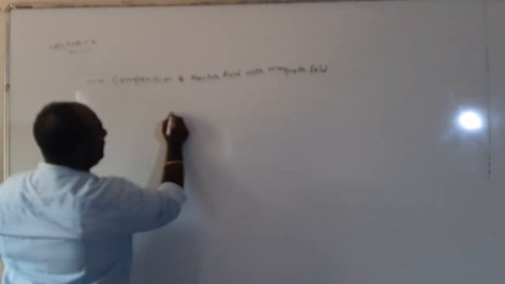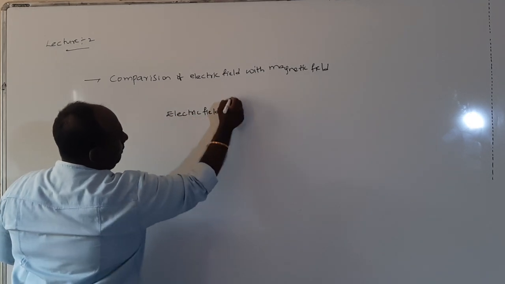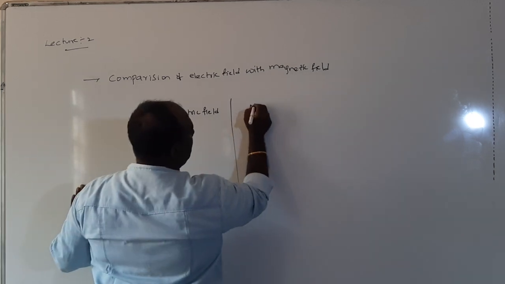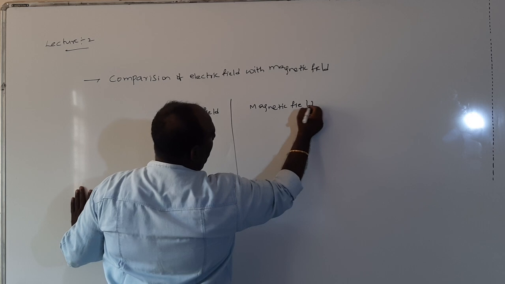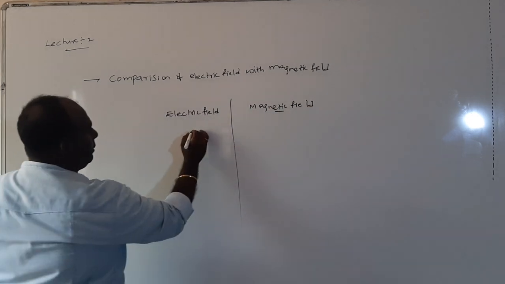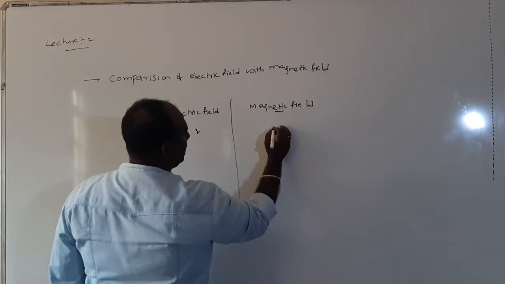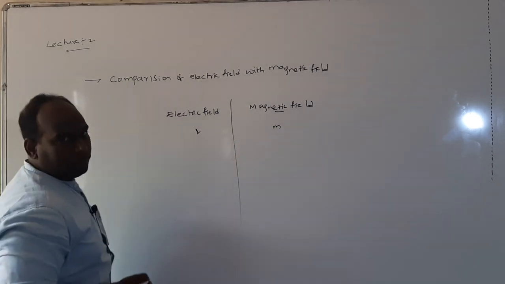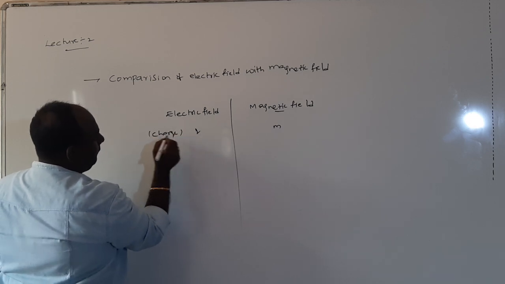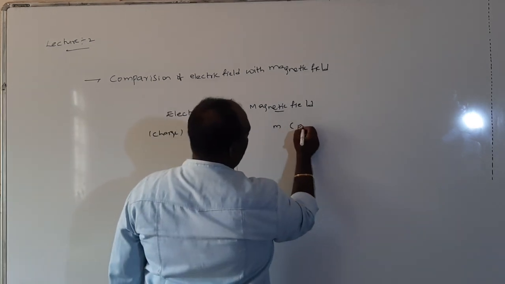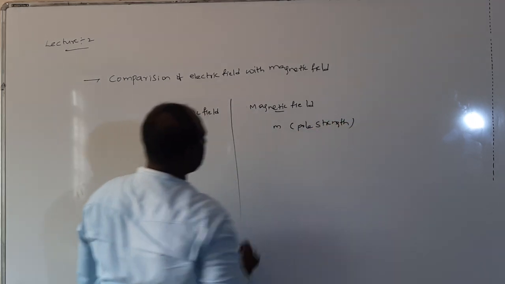Here electric field, I will write this in one table, this is magnetic field. In electric field we have a notation charge q. Here this q is a charge, and here m is pole strength, both are analogous.